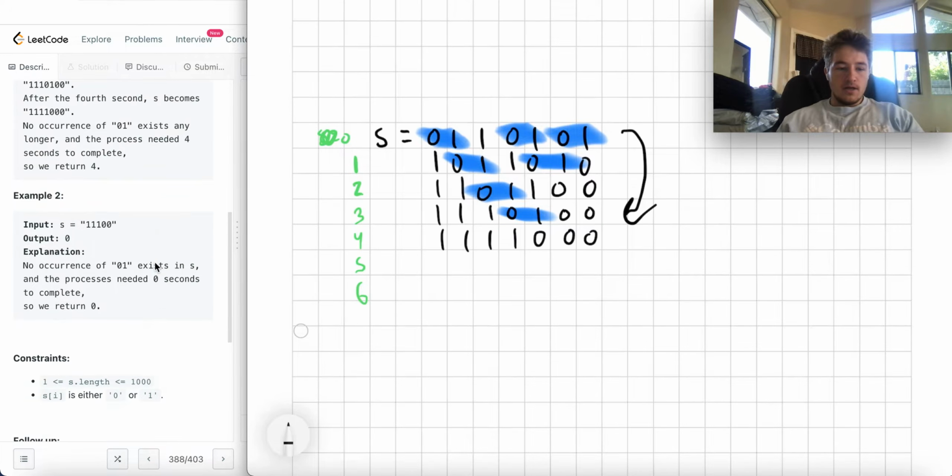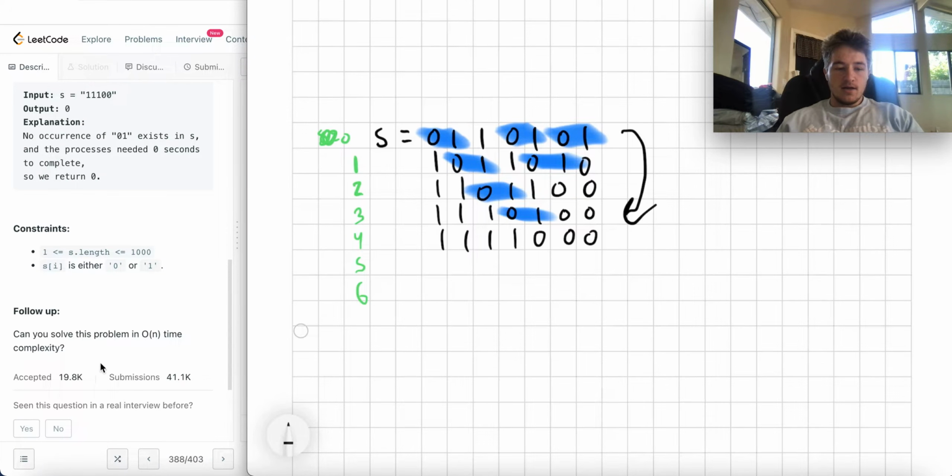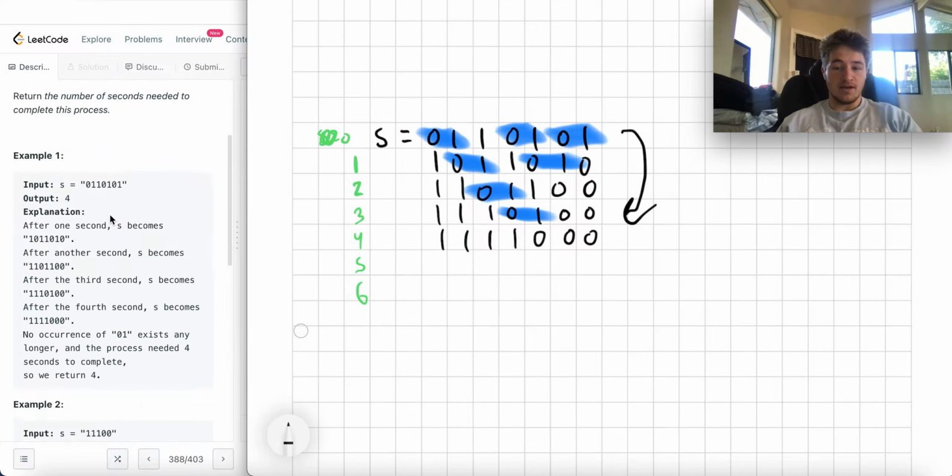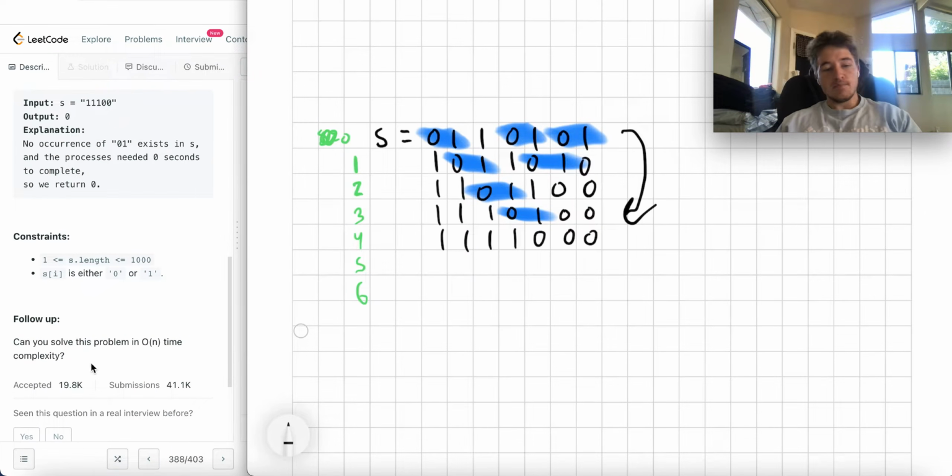So again, the linear time complexity for this problem is difficult, and it's probably a hard to find the linear runtime complexity for this particular problem.